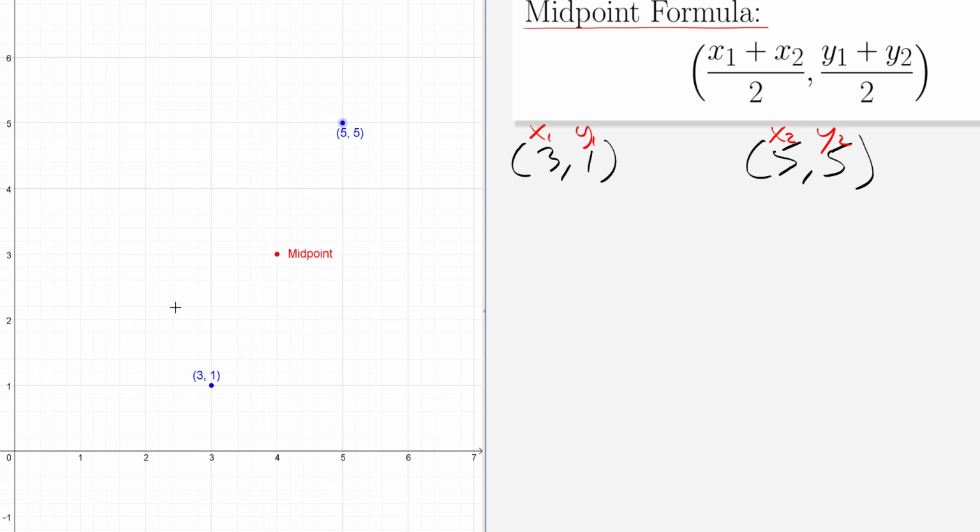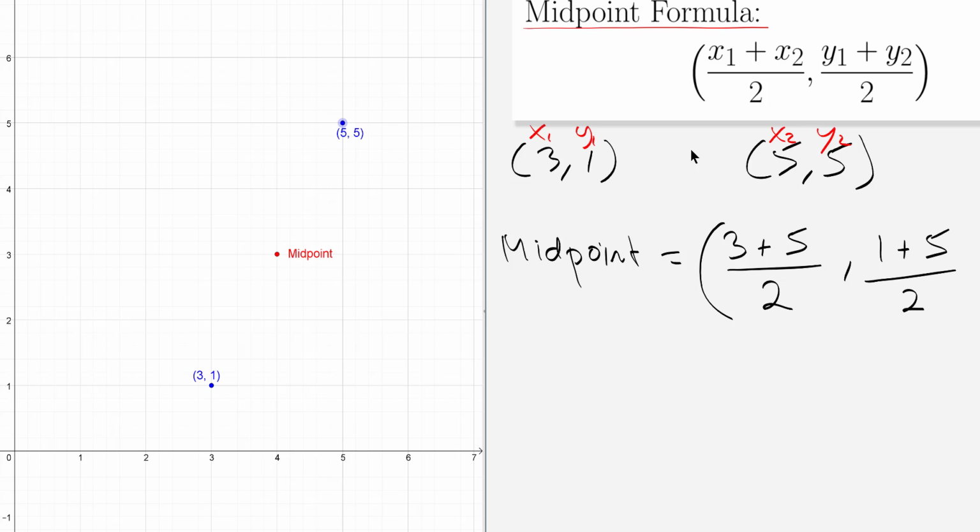So my midpoint will be (x1 + x2) / 2. We can see x1 is 3 and x2 is 5, so (3 + 5) / 2, comma, (y1 + y2) / 2, so that's (1 + 5) / 2.